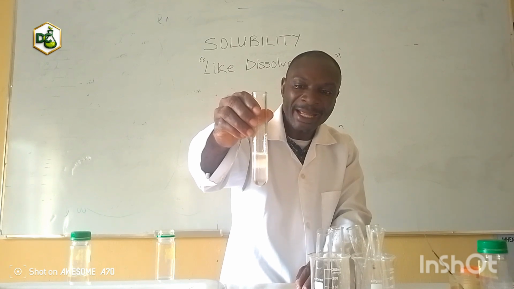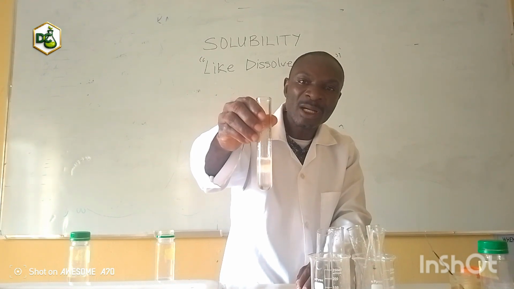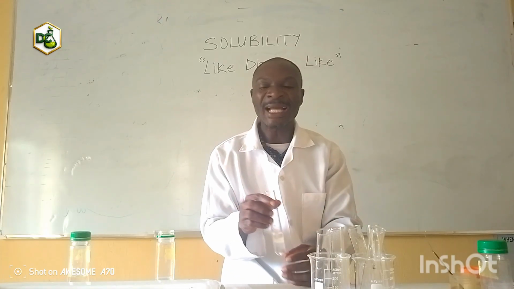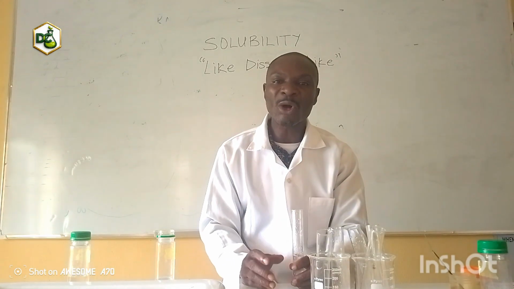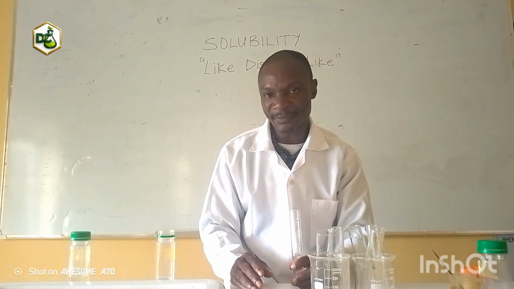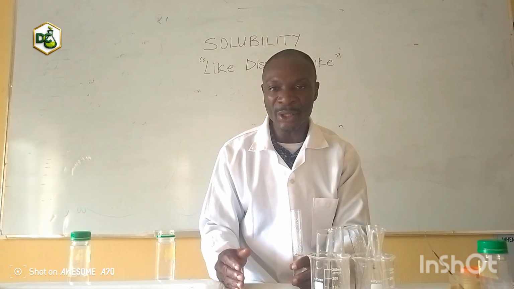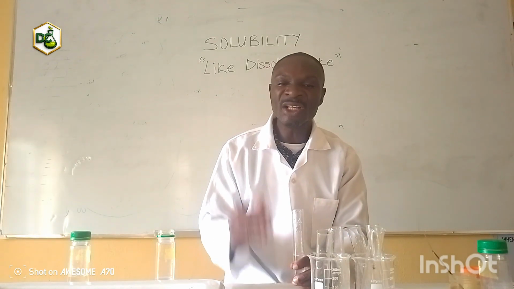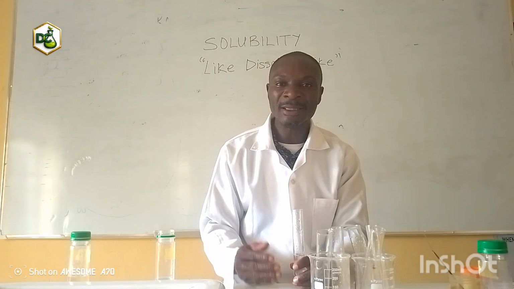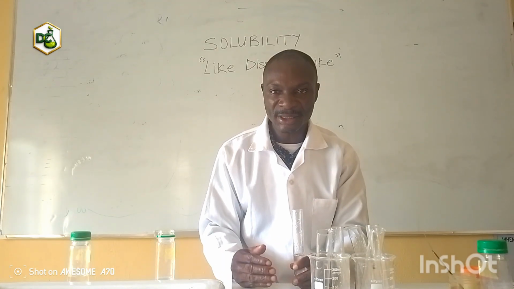Now, why is water blue and oil at the top? It's because of difference in density. Water is more dense than the oil, hence the oil floats while water sinks.